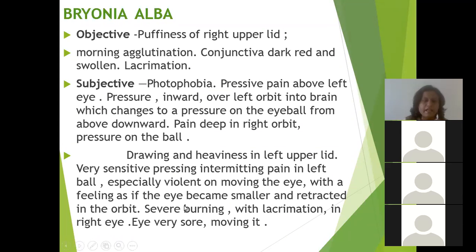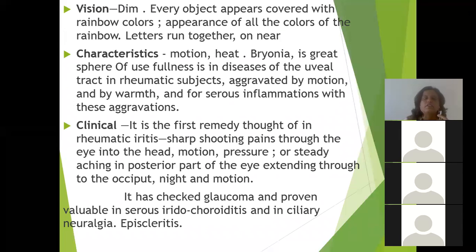With a feeling as if the eye became smaller and retracted. In the orbit, there is a severe burning with lacrimation in the right eye, eyes very sore on moving the head. So vision in Bryonia is dim.